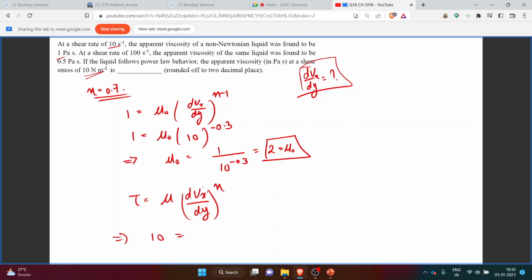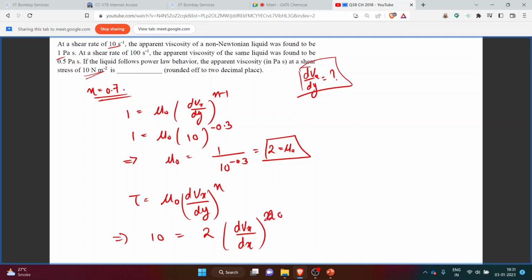is equal to the value of mu naught we found out as 2, times dvx by dy raised to n.